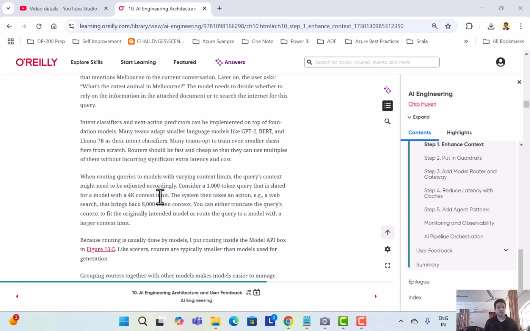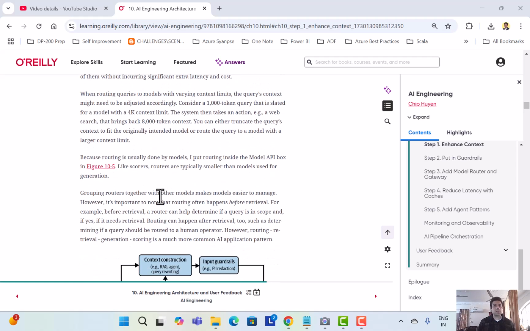What the author is suggesting is that companies which do not have many funds can use cheaper models like GPT-2, BERT, and Llama 7B as their intent classifiers, whereas for others, where intent classification and next action prediction are very crucial, those companies which have funds may think of designing a new model by training it. So that is an important point.